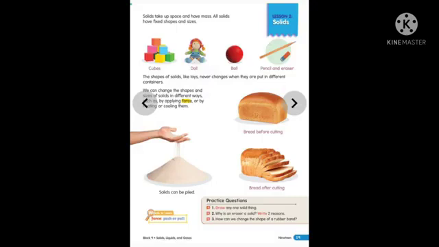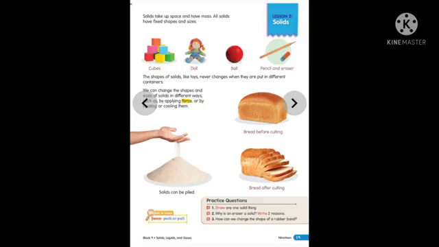Now you can take out the content book. Lesson number 2, solids. Solids take up space and have mass. All solids have fixed shape and sizes. Here you can find some solids: cubes, doll, ball, pencil and eraser. These are some examples of solids. The shapes of solids like a toy never change when they are put in different containers.